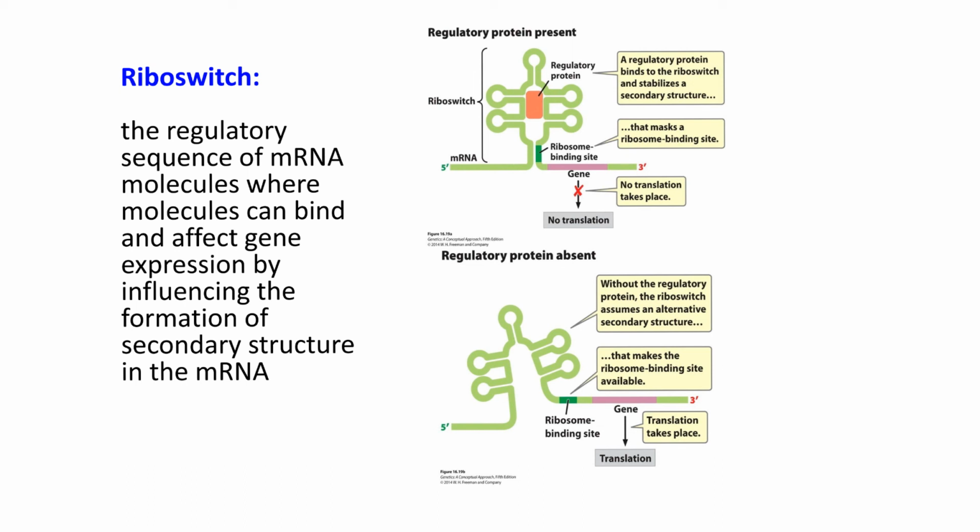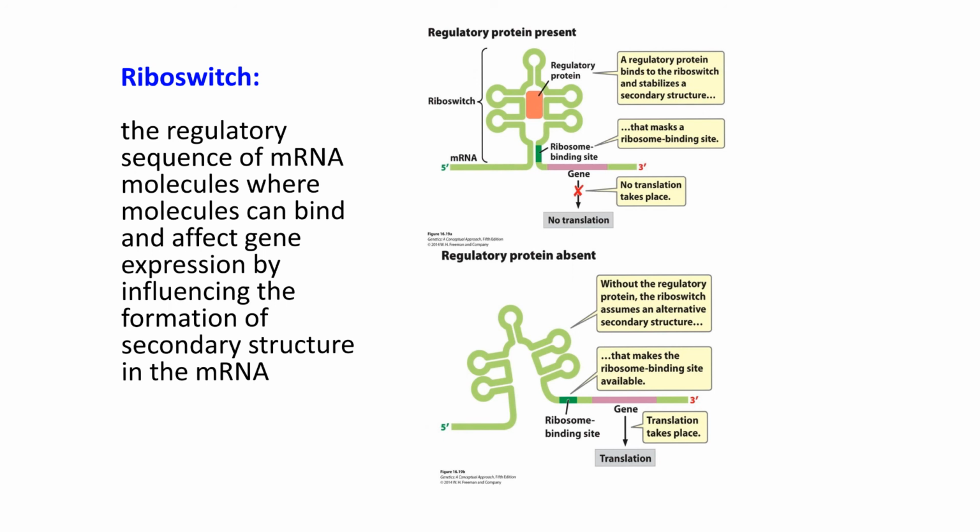This regulatory protein can either enhance or trigger translation of mRNA, or it can inhibit translation of mRNA. So both scenarios can happen depending on which riboswitch, in which gene, in which mRNA is interacting with a regulatory protein.